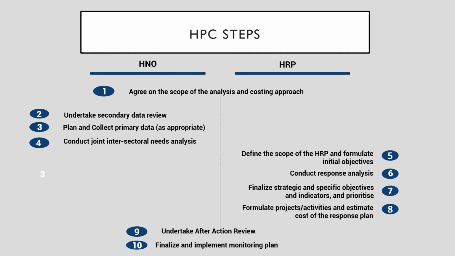Then further analysis, undertake a secondary data review, plan and collect primary data, and conduct a joint intersectoral analysis. Before then moving into the HRP side, where it's about defining the scope of the HRP, formulating the initial objectives, conduct a response analysis, and then finalize the strategic and specific objectives, all informed by the analysis done for the HNO.